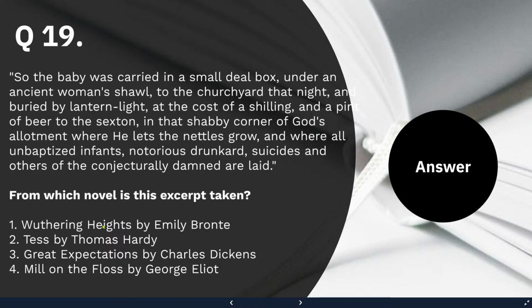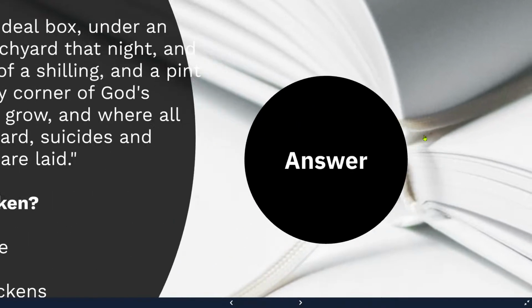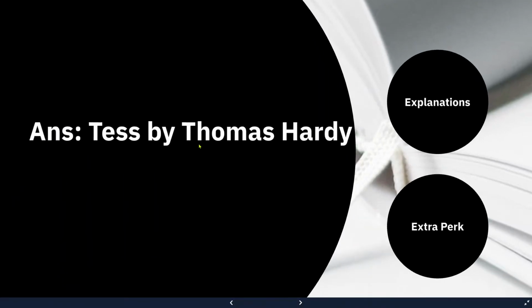So Wuthering Heights could not be, but they have one sickly child, Linton Heathcliff, I guess. So it could not be. So we are left with one option, Tess by Thomas Hardy. In Tess, she gave birth to a sickly child who didn't survive, and her child's name was Sorrow. So in the answer, we have Tess by Thomas Hardy.